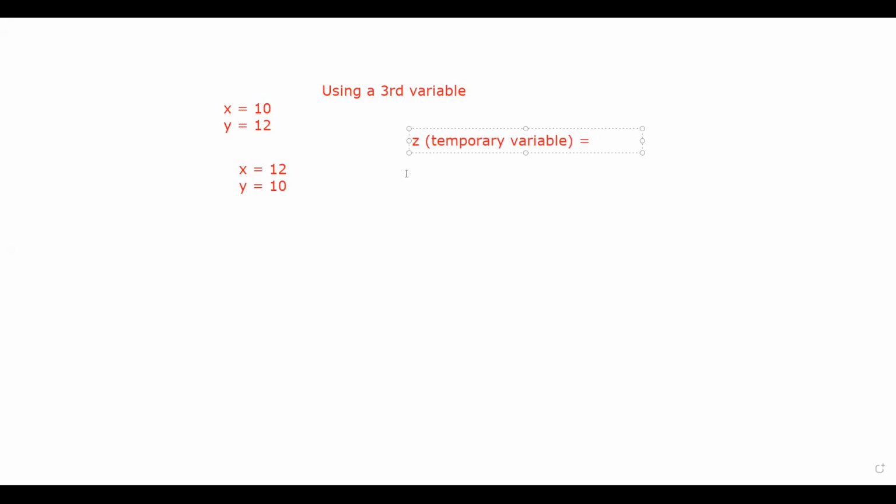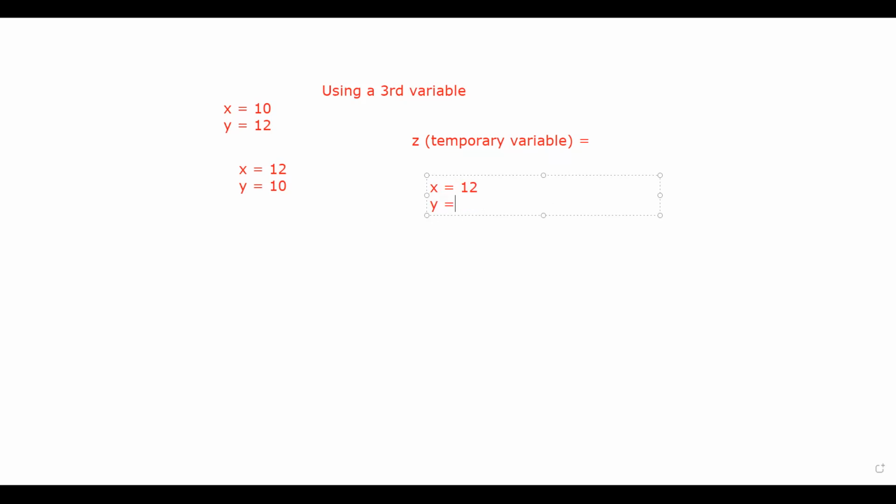So let's say I have the value x is equal to 12, and y, now I want it to be 10, but the y value already has 12, right?